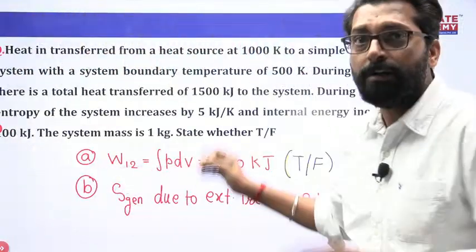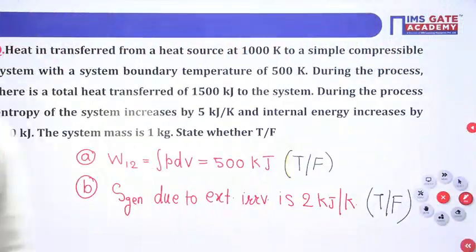I will read this question first. Heat is transferred from a heat source at 1000 Kelvin to a simple compressible system with a system boundary temperature of 500 Kelvin. During the process, there is a total heat transfer of 1500 kilojoule to the system.